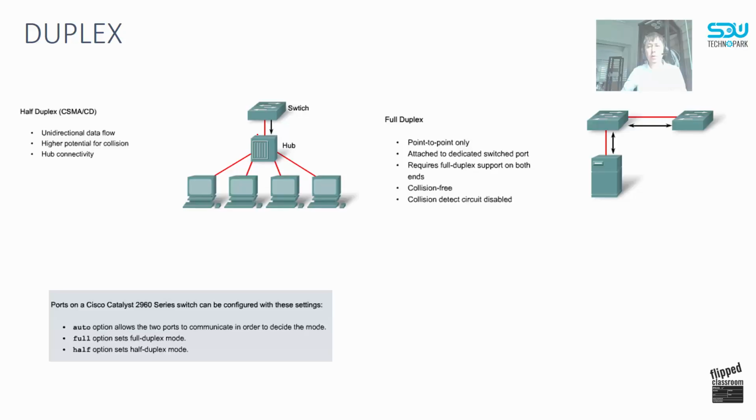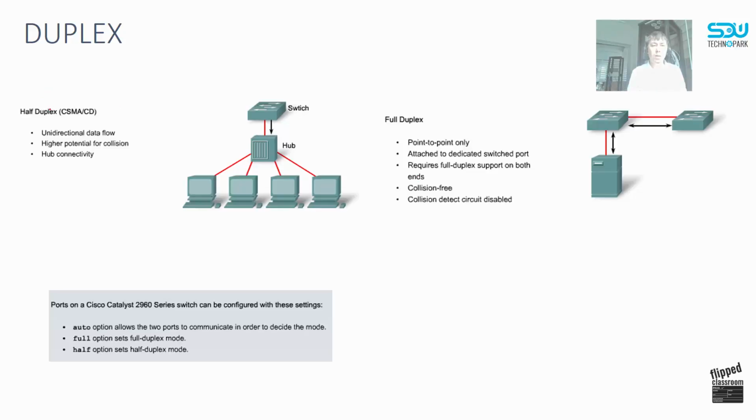So you don't have collisions between switch and switch, or between switch and computer, when they are working in full duplex. Switch ports require full duplex support on both ends, so if on one side you have full duplex and on the other side half duplex, then you will have half duplex communication. Full duplex is collision free, and the collision detect circuit is disabled.